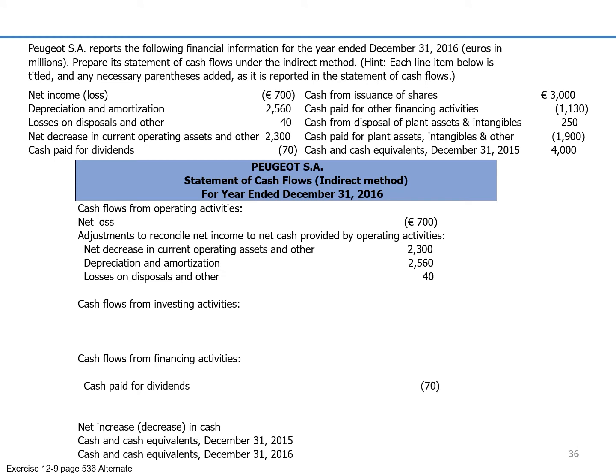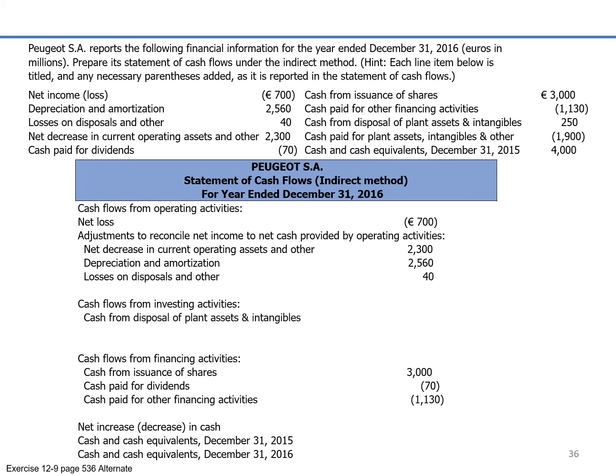Cash paid for dividends belongs in your financing section. It's a reduction. Cash from issuance of shares of stock, also financing. Cash paid for other financing activities. Well, they give it away, right? Goes in your financing section. Cash flow from disposal on plants, assets, and intangibles. It's going to be an increase of $250.